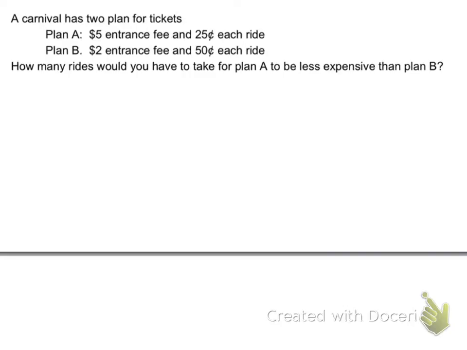How would that benefit you? At what point would it benefit you? And so what we can do here is say, how many rides would it take for plan A to be less expensive than plan B? So essentially plan A should be less than plan B, correct? That's what we're trying to figure out.